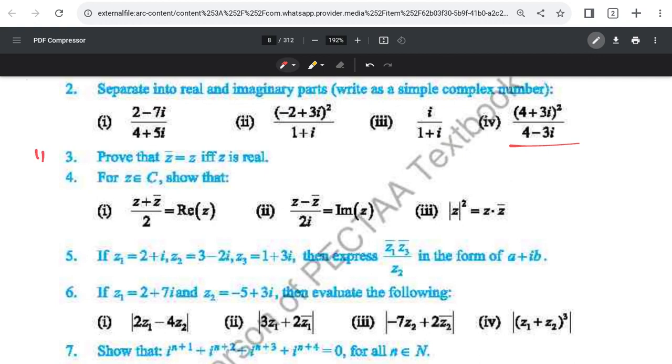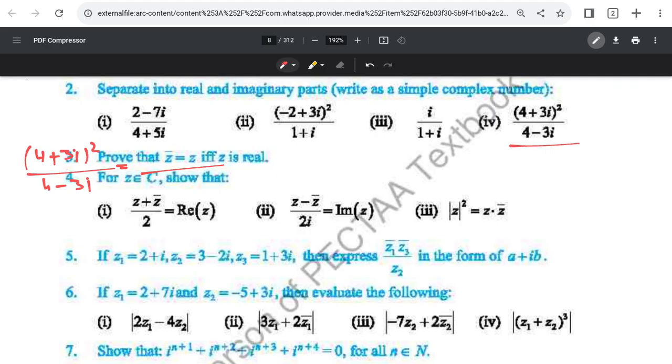We have (4 + 3i)² over (4 − 3i). Here basically we need to expand the numerator first. Okay, then we move on to the next step.